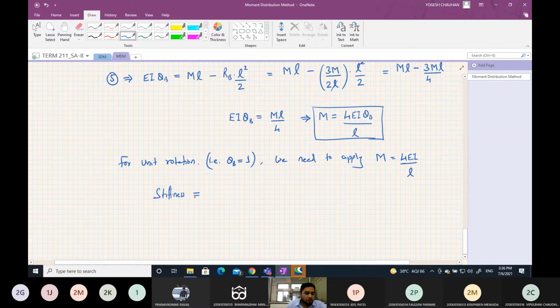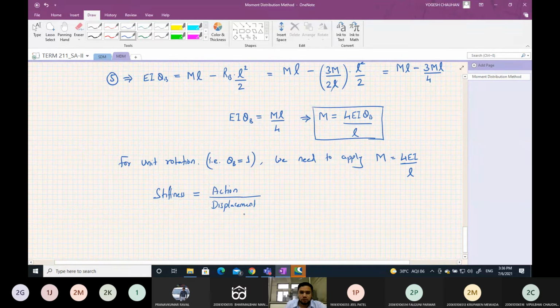Stiffness is the action required for unit deformation or unit displacement. Now this action can be a force. In terms of force, it will be force required for unit deformation, and if it is in terms of moment, then it is moment required for unit rotation.